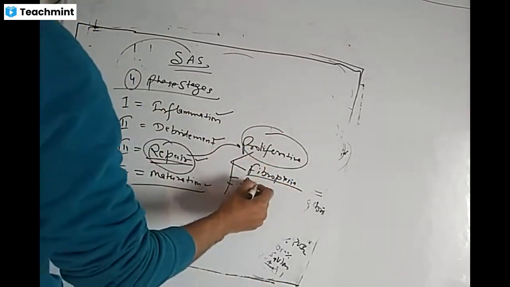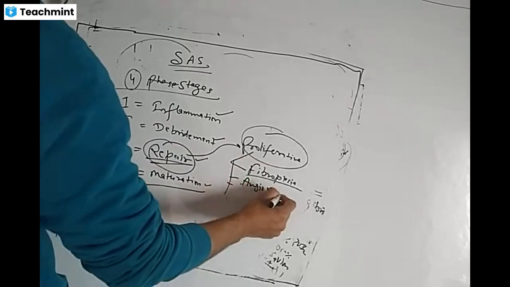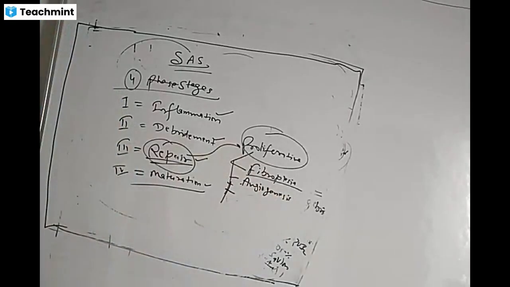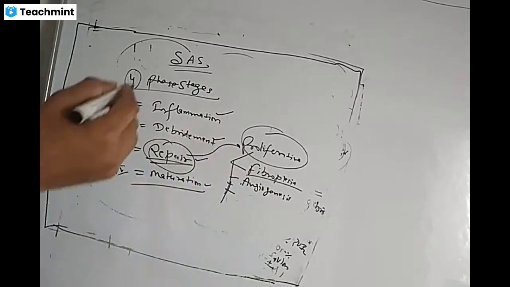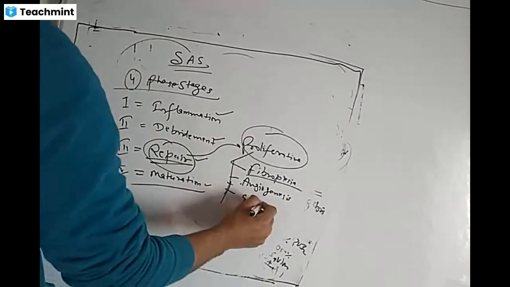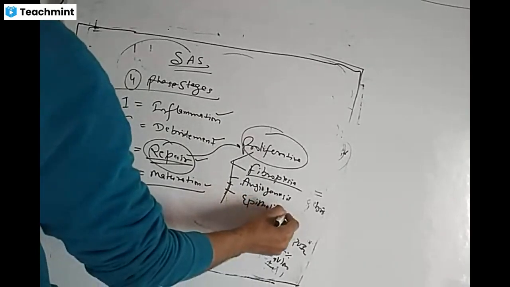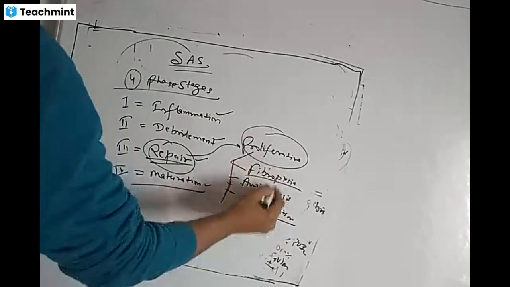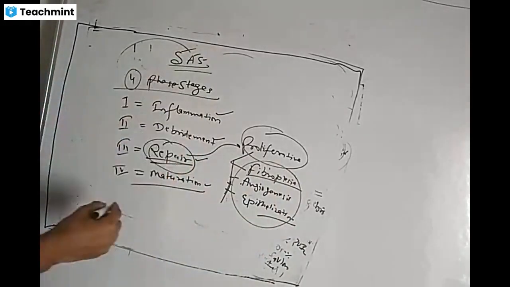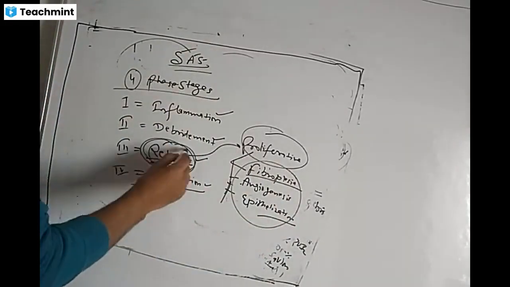Then second is angiogenesis, meaning blood vessels, endothelial cells are proliferating. And the next proliferative phase is epithelialization. So these phases come under repair in the textbook of small animal surgery.